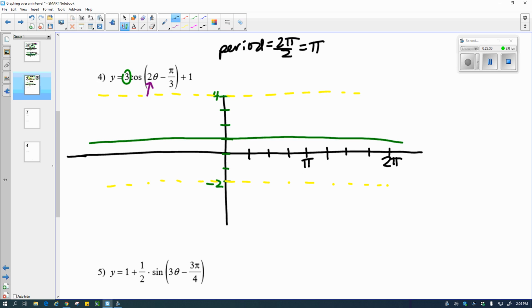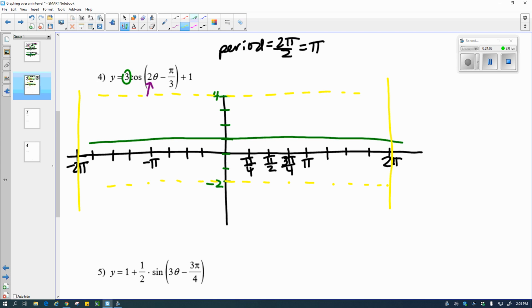So cutting that in half, pi over 2, pi over 4, this is 3 pi over 4, and it's going to reflect the same way in the opposite direction. 1, 2, 3, 4, that's negative pi. 1, 2, 3, 4, -2 pi. So now I've got my exterior parameters as well. That whole yellow window has to be filled in with my graph.